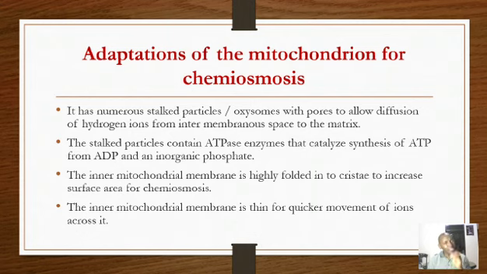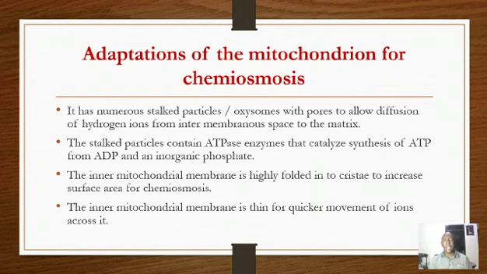Then we've said that these stalked particles, the oxysomes, also contain ATPase enzyme, which is needed for synthesis of ATP from ADP and an inorganic phosphate. Remember that the inner membrane is highly folded into cristae, and that increases the surface area for chemiosmosis to take place.